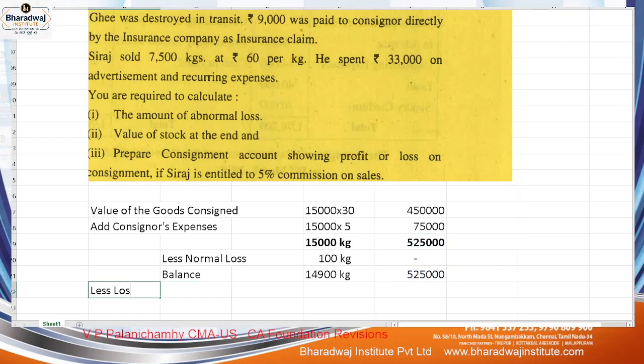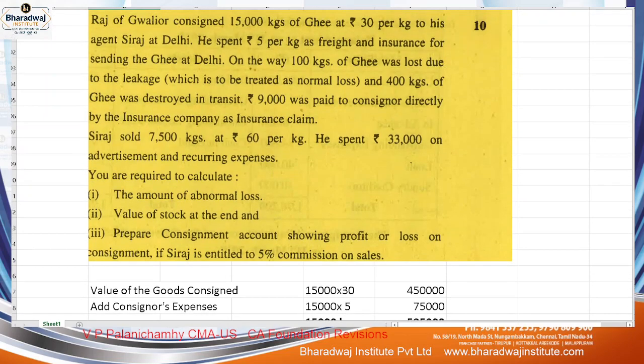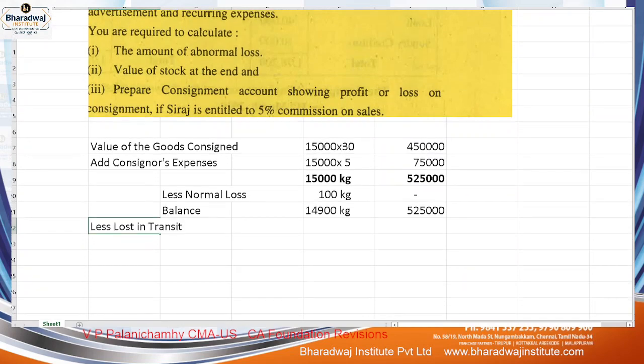Now less lost in transit. What is the loss in transit given? 400 kg was destroyed in transit. So lost in transit is 400 kg. How to value this?